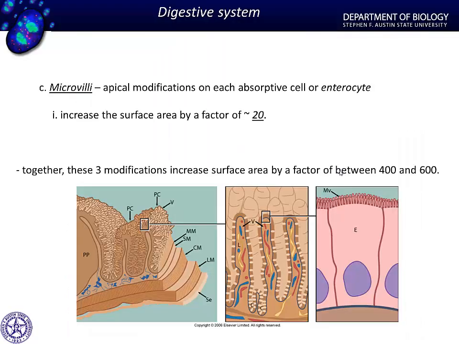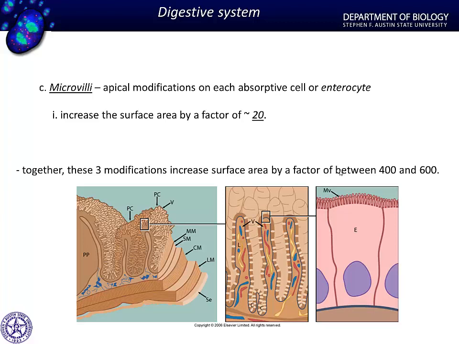Now, lastly, we're not going to cover these a lot because we spent so much time on them with epithelium, but microvilli on the surface of our cells. And once we get to the intestines, we're going to call these surface absorptive cells, SAC. Remember, in the stomach, we had SLC for surface lining cell. Now, the microvilli, that's going to be the increase of 20.